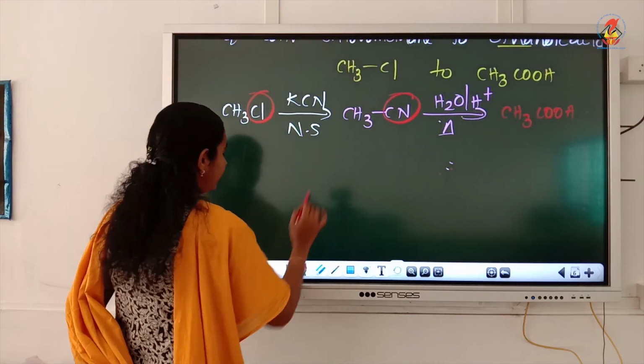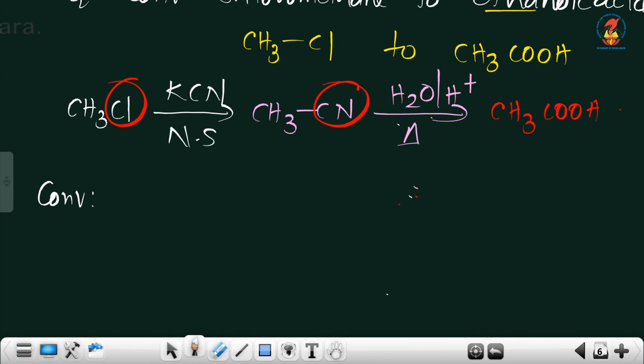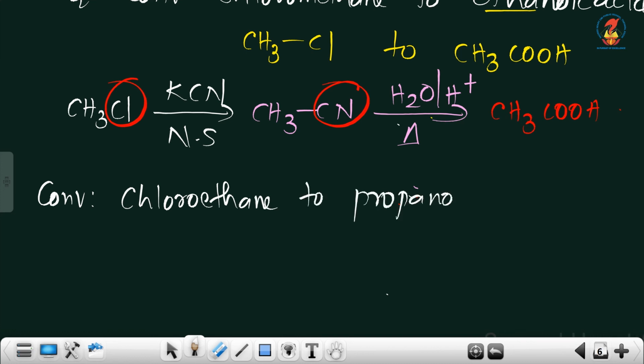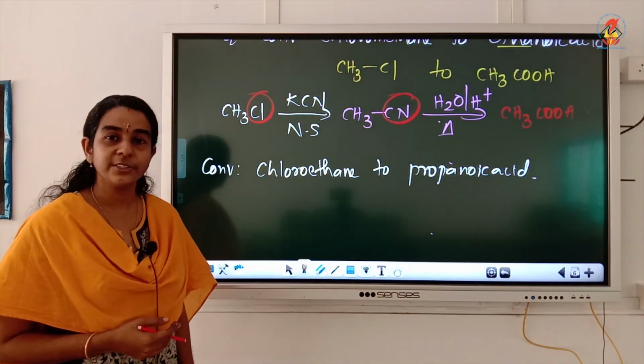One more question: how can we convert chloroethane to propanoic acid? Here also, for conversion questions, only names will be given. First we have to write the structure.